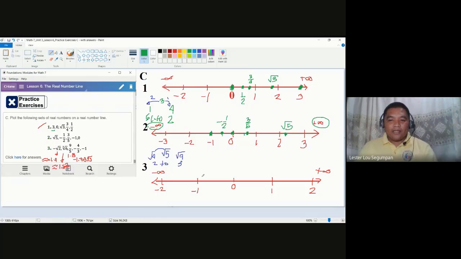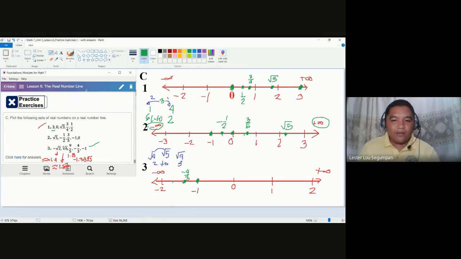So -1 is already here. Next is -4/3, which is actually a third of the space here. So this is -4/3, approximately -1.333, so on and so forth.